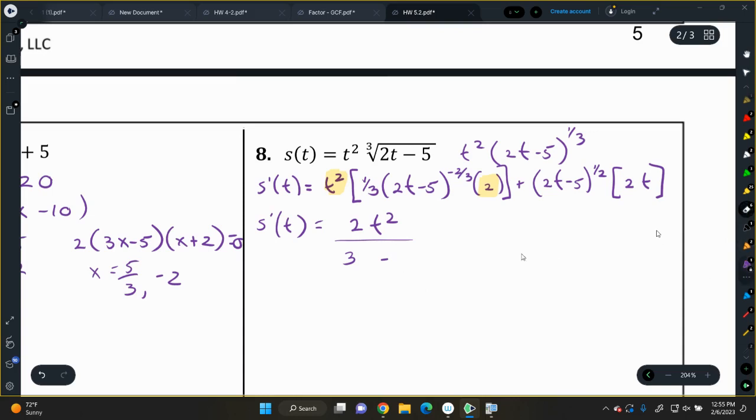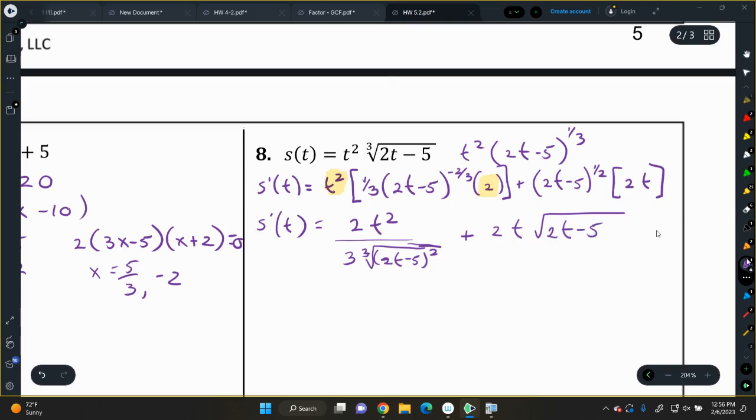You don't have to, right? The cube root of (2t minus 5) squared. And that's going to be fine because no matter what I put in for t, I'm going to square it. I can take the cube root of anything. Plus everything's on top here, 2t square root of 2t minus 5.